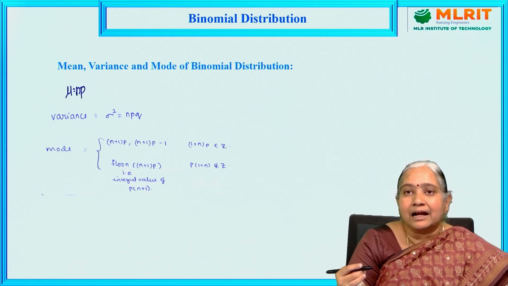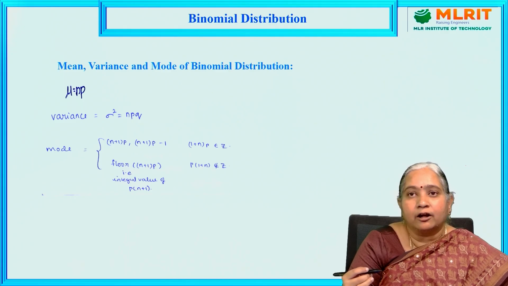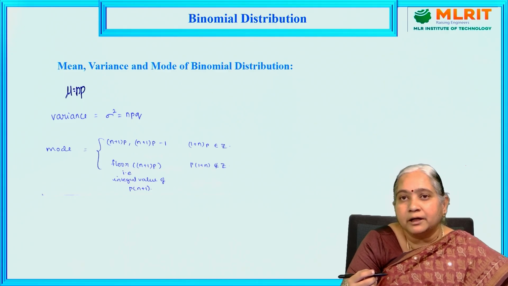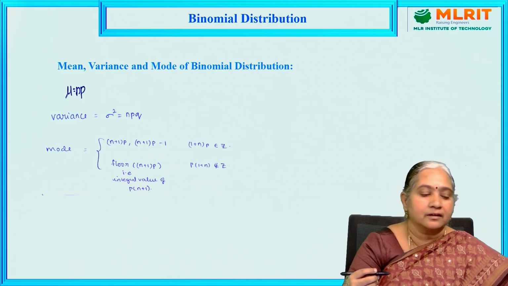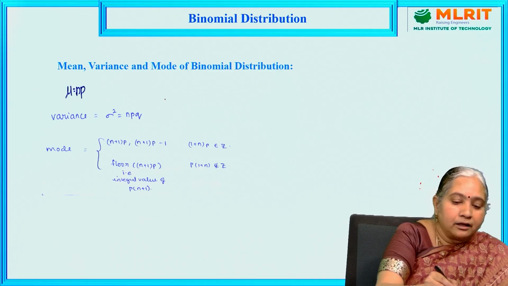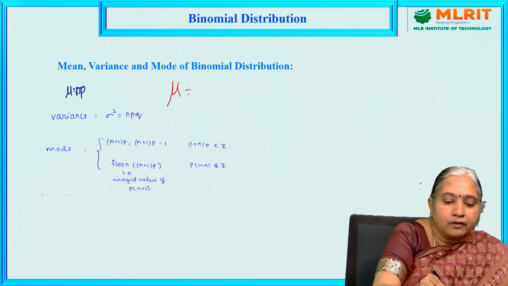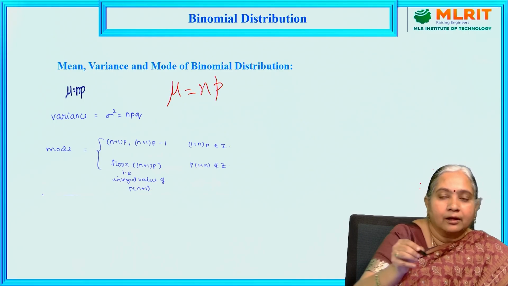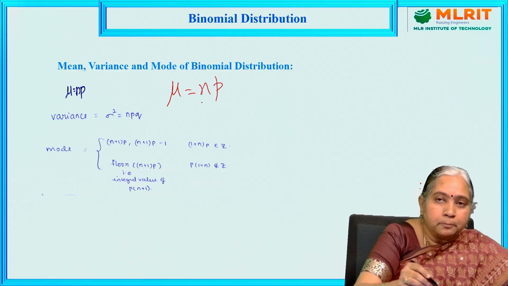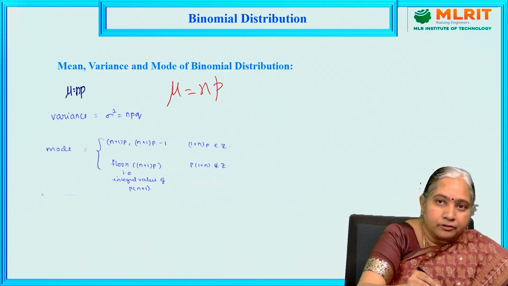Now, what are the statistical measures we find in binomial distribution by using the probability mass function, that is p of x? The first one is mean, denoted by mu, equal to np. N is the number of times the random experiment is performed, and p is the probability of a success event defined in the random experiment.